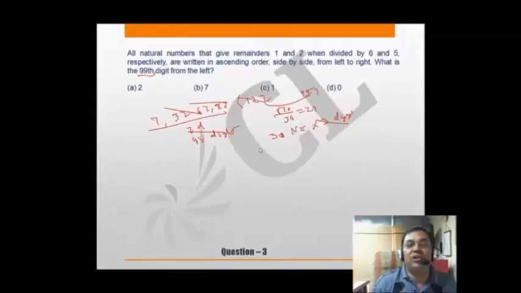Lucky, yes, because they only asked for 99. So the next number will be 1027. So this will be the 98th, the 99th. So I'll go for 0 as the answer. This was a simpler question because it's a simple case of counting.